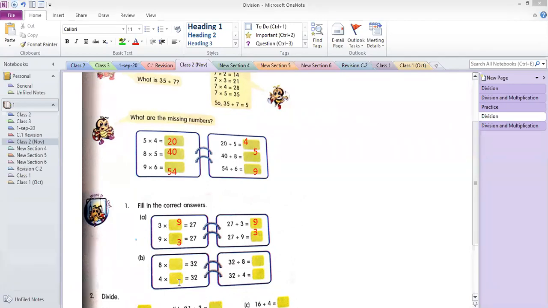How many times do you read the table of 4 in order to get 32?